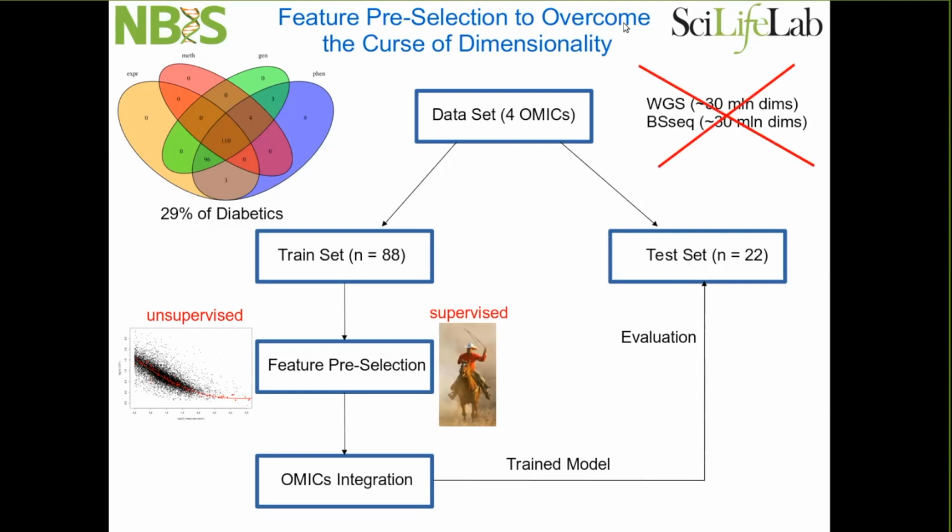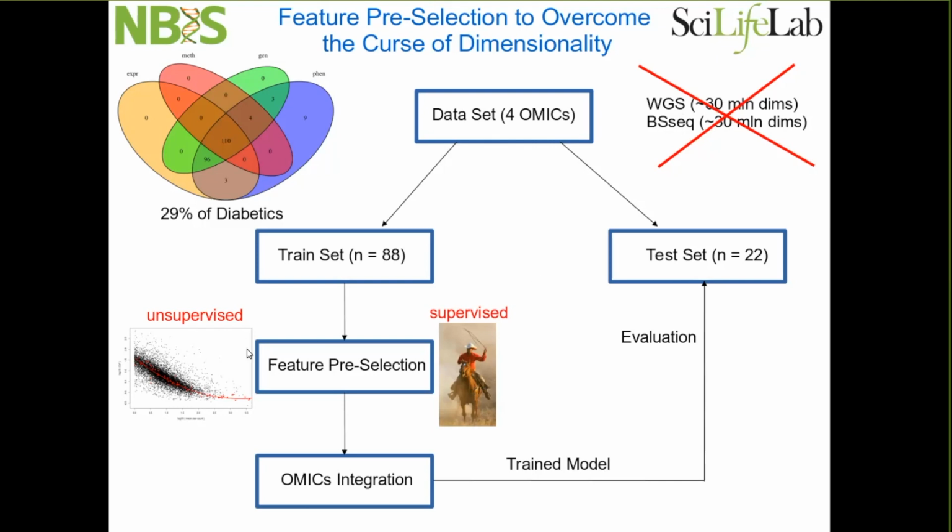Here I remind you that there are notoriously difficult data sets. For example, if you work with genetic variation using whole genome sequencing data, then you end up with millions of genetic variants, or if you use whole genome bisulfite sequencing, you also end up with millions of CpG sites.